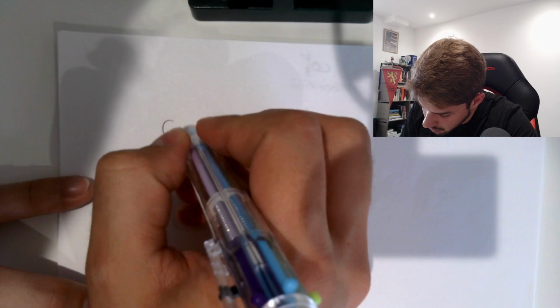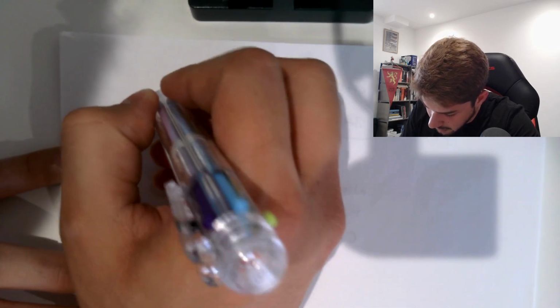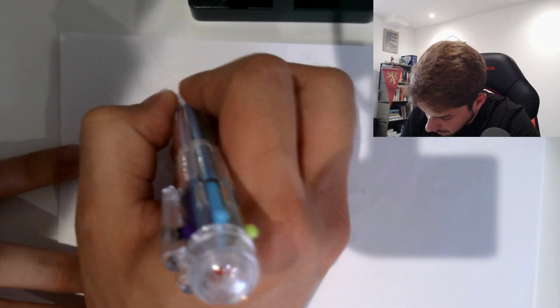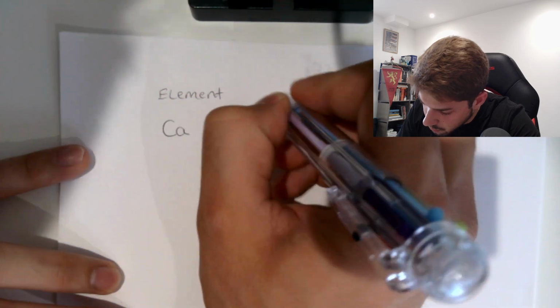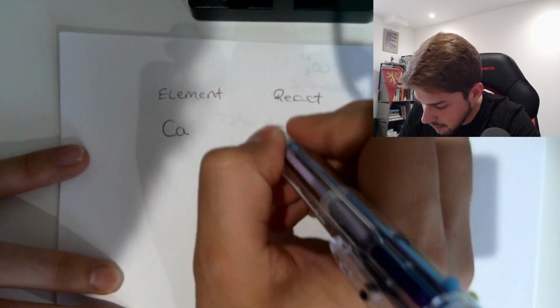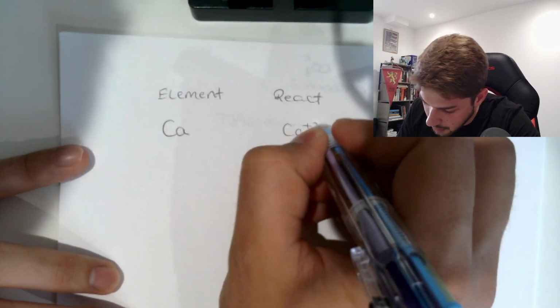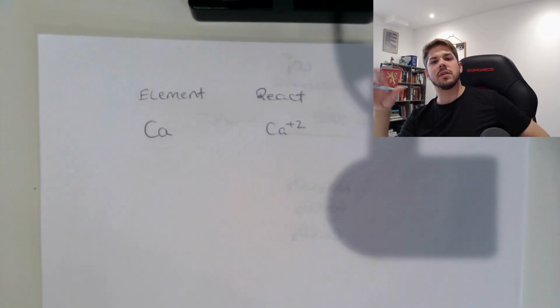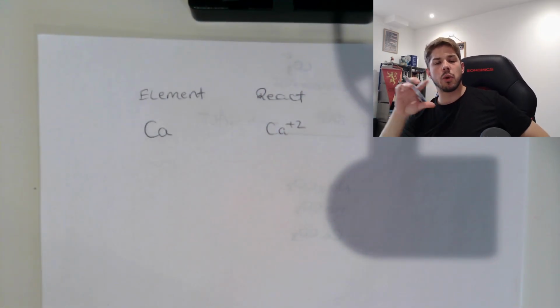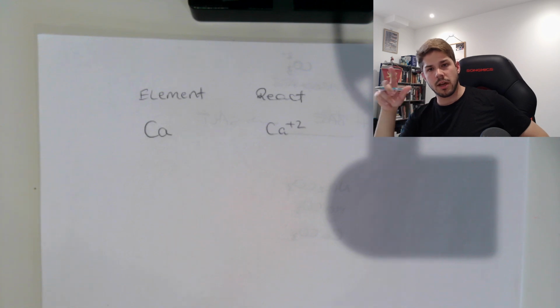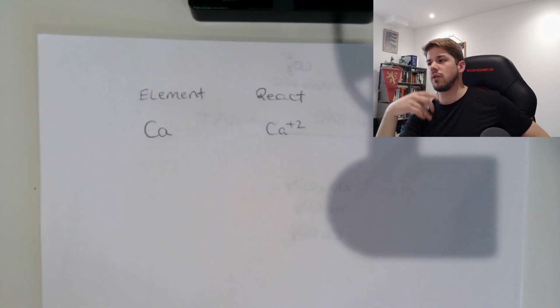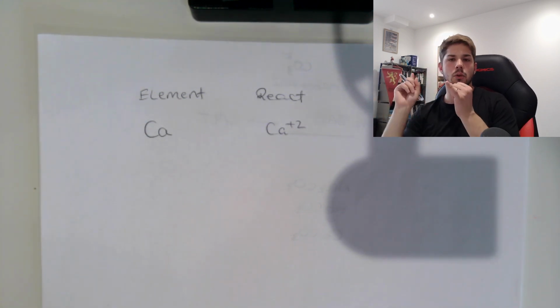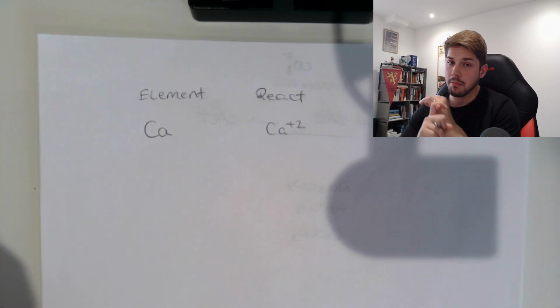So calcium, since it is in group 2, this is the element. When it reacts as an ion, it is calcium plus 2. Remember that all the elements, when they react, depending on which group in the periodic table you can find them, will react in a different way. For example, group 1, they always react plus 1.